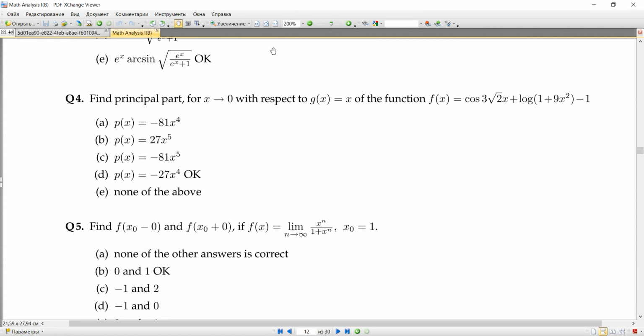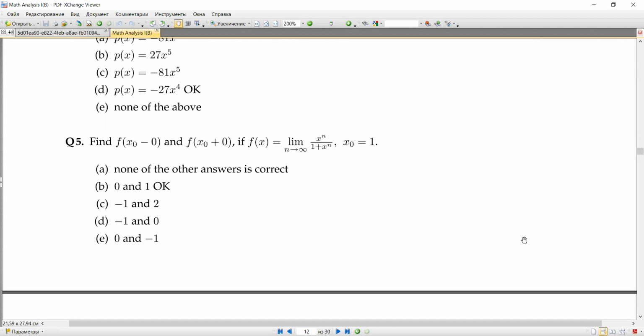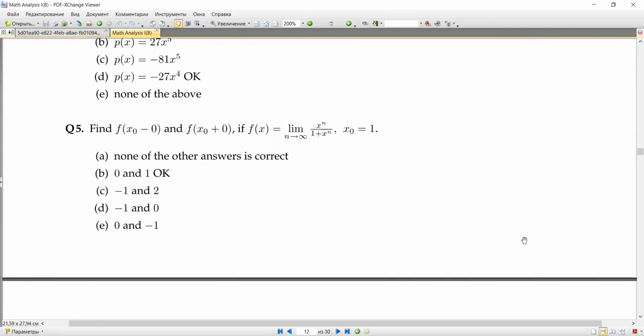We have question number 5, x0 minus 0, x0 plus 0. Find one-sided limits here. The function is given, x0 is 1 here.